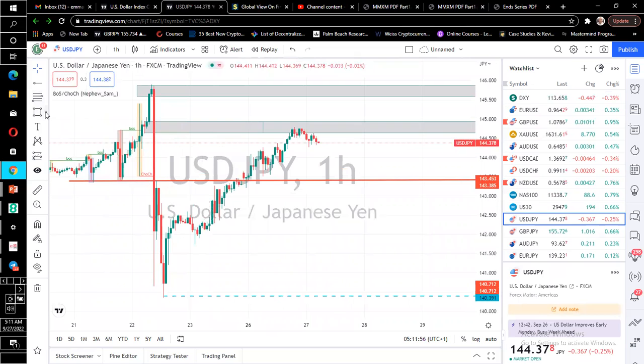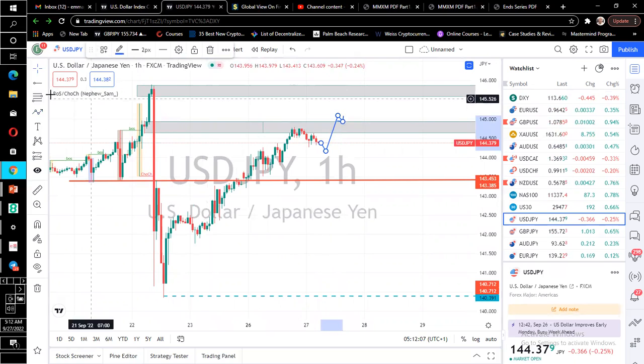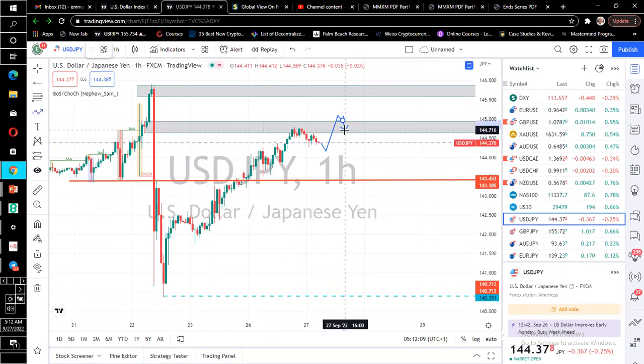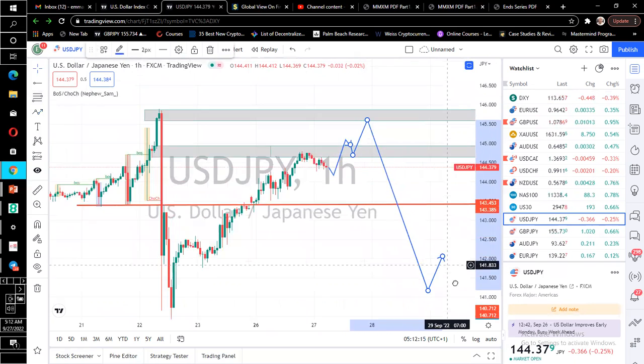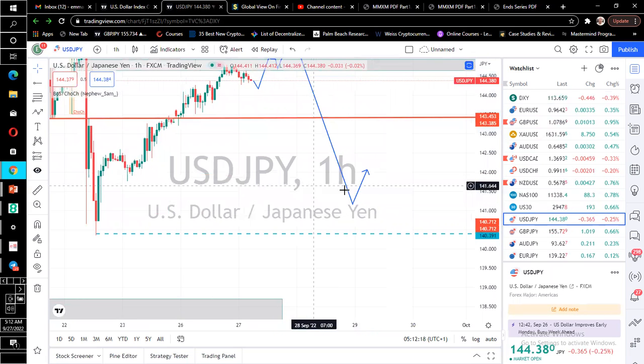So I'll be expecting to see them do this in worst case scenario. Back to this OB, trade into this FVG, then go to upside. To this level, then begin to come down. This is what I'll be expecting.